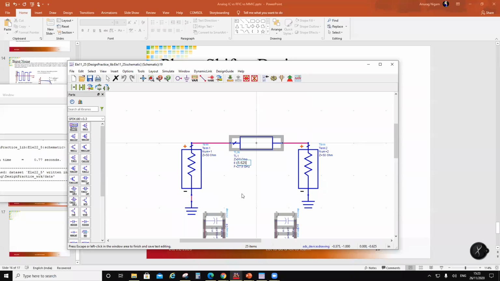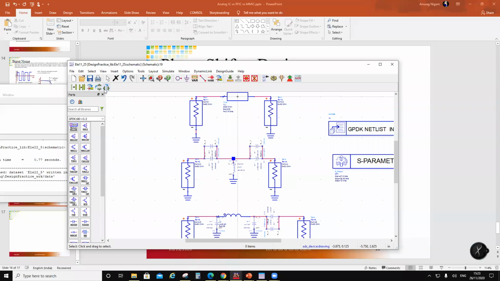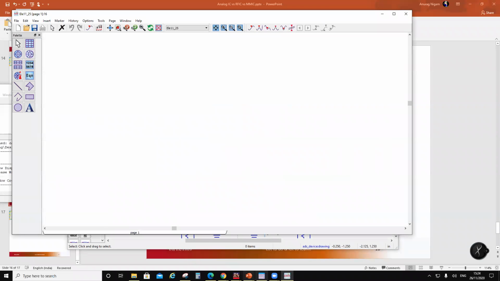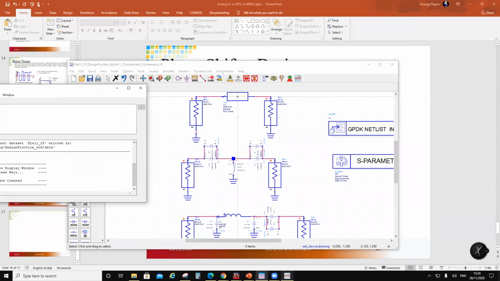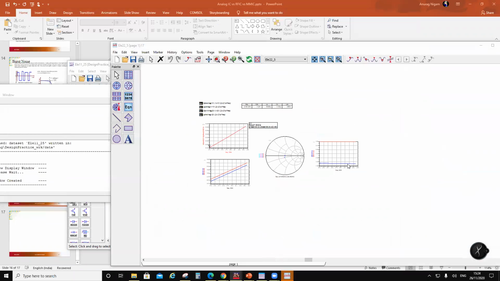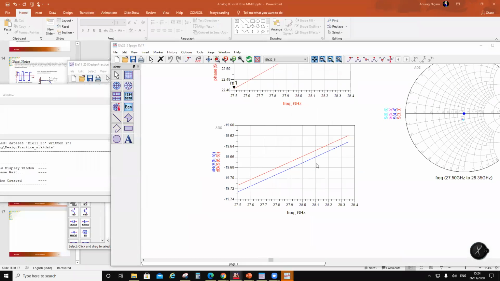Okay, let me just pause here for a second. Resume recording. Okay, so I'm just going to run this. And I'm going to copy the data display from another place. This is my data display. How bad is this one?